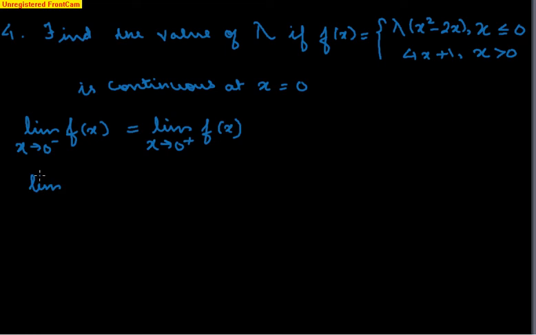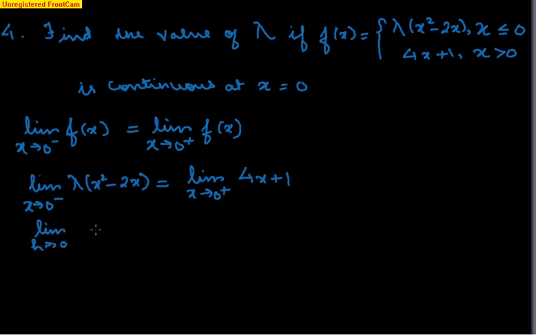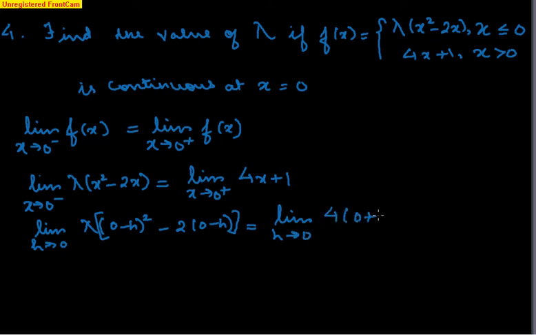Now limit x tending to 0 minus, the function is lambda x square minus 2x, and here the function is 4x plus 1. I put h tending to 0 and I get lambda (0 minus h) whole square minus twice of (0 minus h), and here limit h tending to 0, 4 times (0 plus h) plus 1.